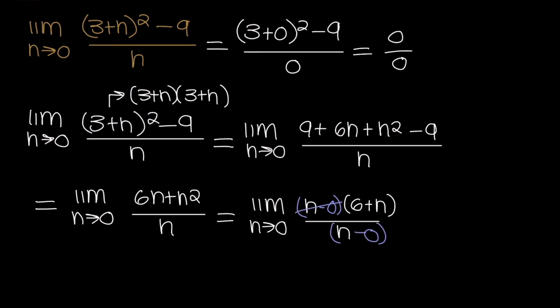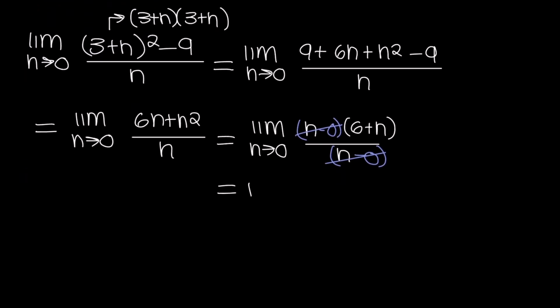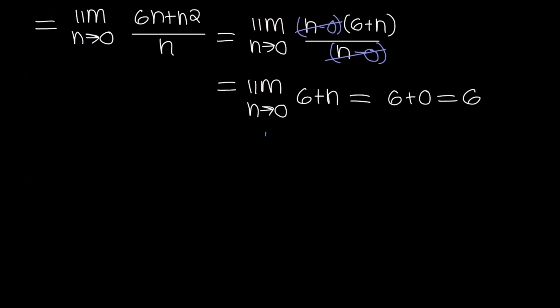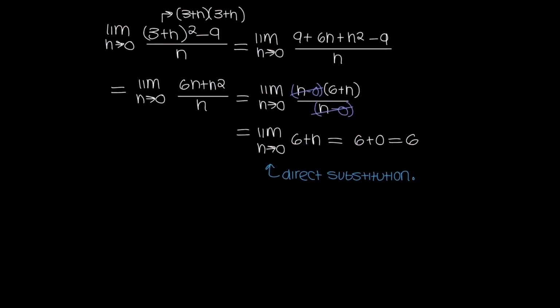And we're canceling them out to be left with the limit as h goes to 0 of 6 plus h. Do direct substitution, and we get 6. So once again, we did direct substitution here. That's this one quickly.